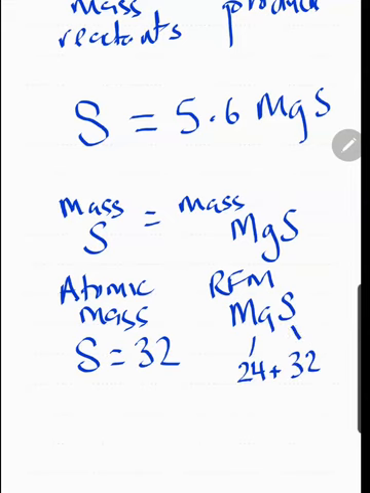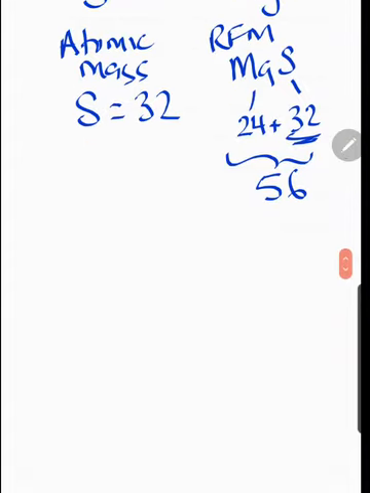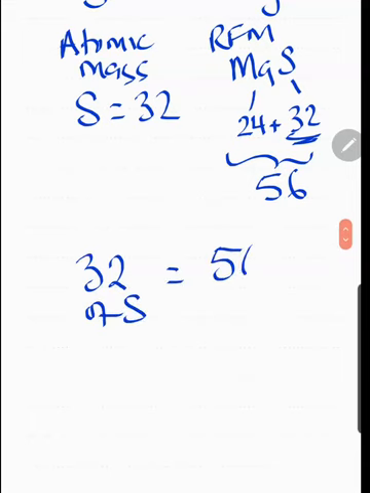So the atomic mass of magnesium is 24, the atomic mass of sulfur is 32. Total, this comes to 56. Okay, so now we're going to say this: 32 of sulfur equals 56 of MgS.